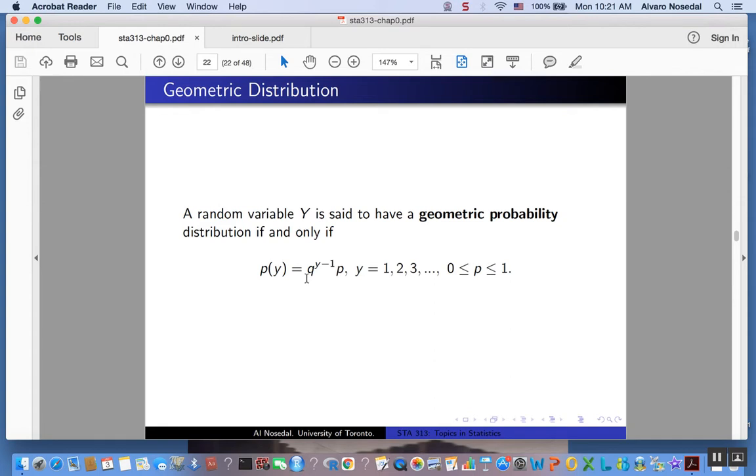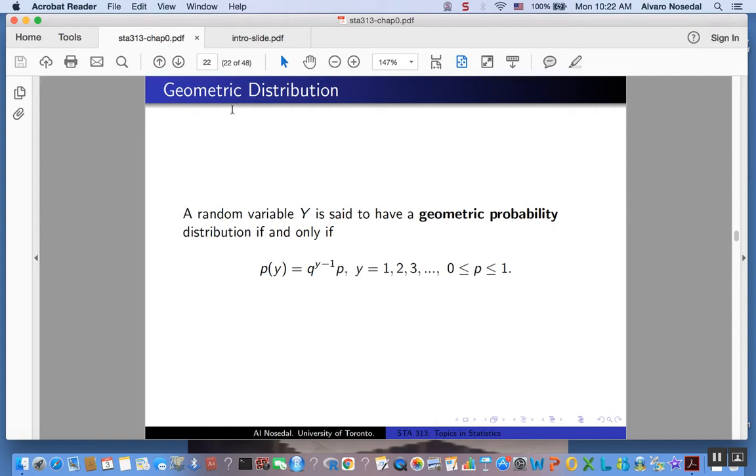So q is the complement of p, q is 1 minus p. If you have 1 minus p to the y minus 1, that means that the first y minus 1 trials were failures, and the yth trial resulted in a success. Make sense?